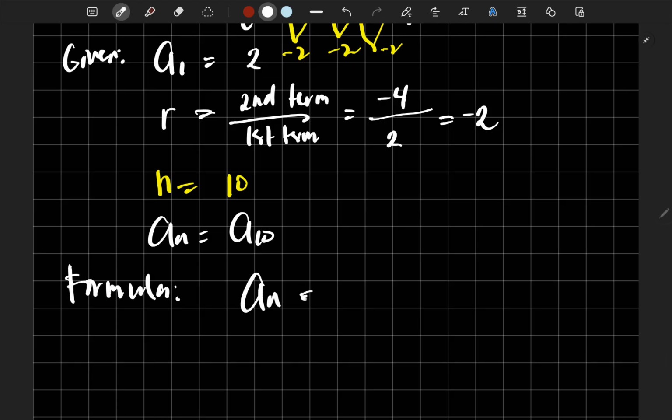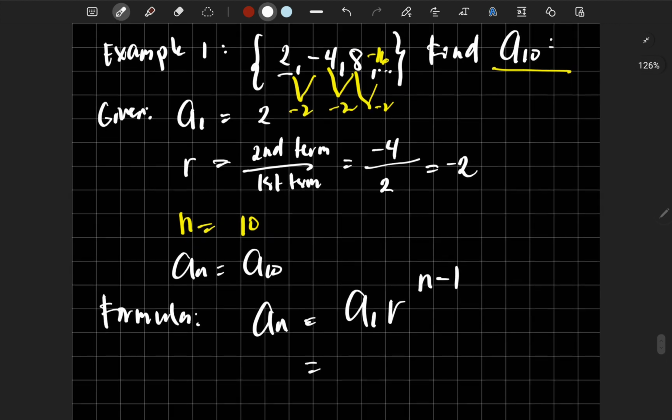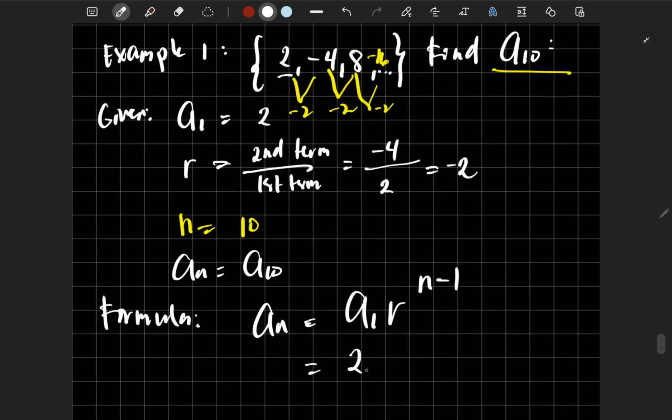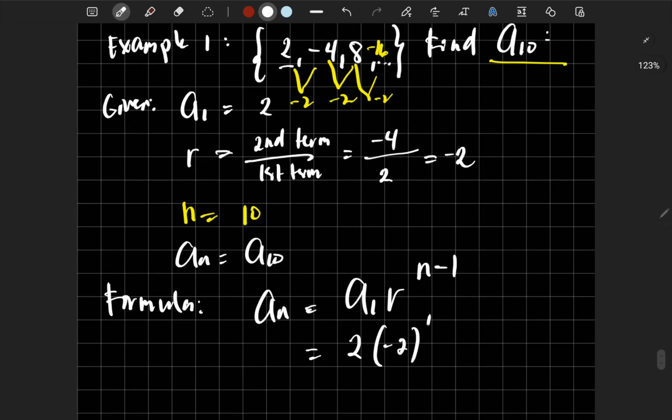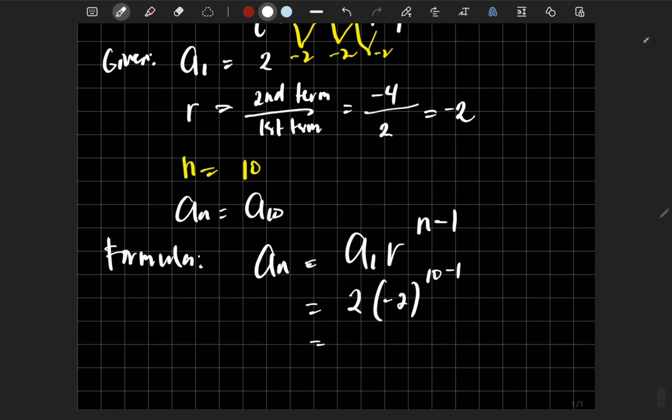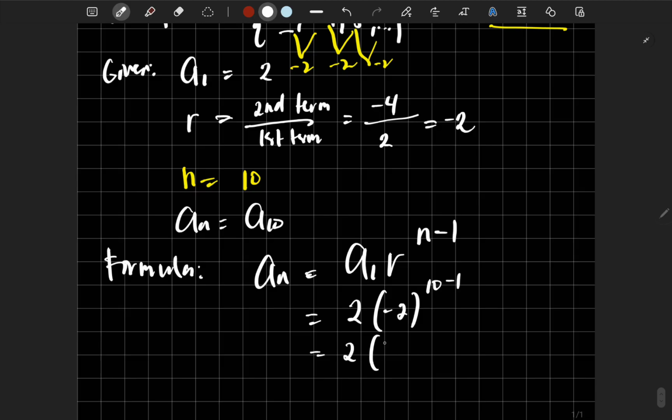a sub n is equal to a sub 1 times the common ratio raised to n minus 1. The first term is 2. You just have to substitute your given. The common ratio is -2, and your n is 10, so you have here 10 minus 1. Simplify first the exponent. So you have -2 raised to 10 minus 1, that is equal to 9. Now, after you simplify the exponent, simplify -2 raised to 9.